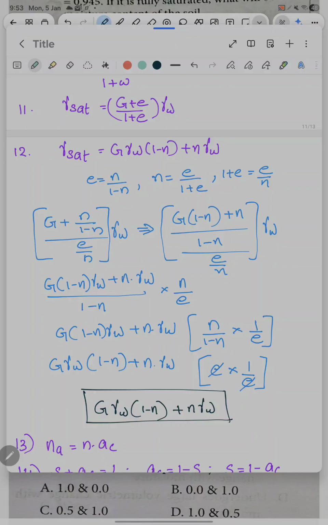So just substitute E by N for 1 by 1 plus E. So the equation becomes G plus E, where every E should be replaced with N. So G plus E is equal to N by 1 minus N divided by 1 plus E, which becomes E by N. On solving we get, okay, just cross multiply and do this.